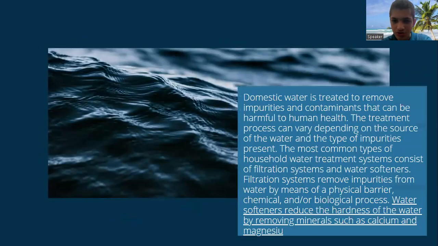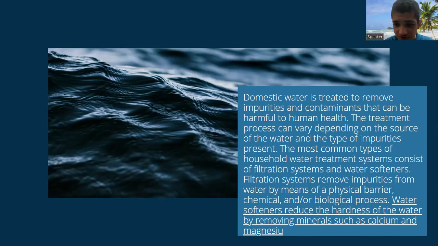And now, domestic water. Domestic water is treated to remove impurities and contaminants that can be harmful to human health. The treatment process can vary depending on the source of the water and the type of impurities present. The most common type of household water treatment system consists of filtration systems and water softeners.